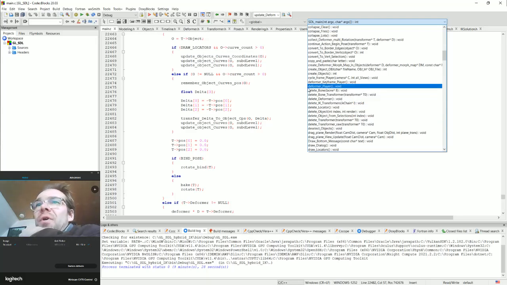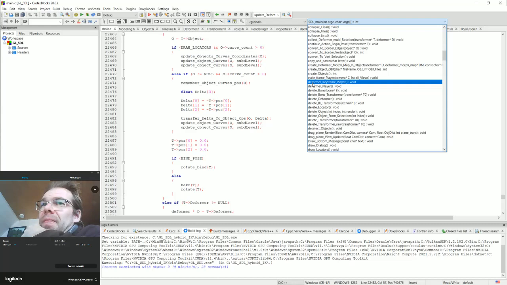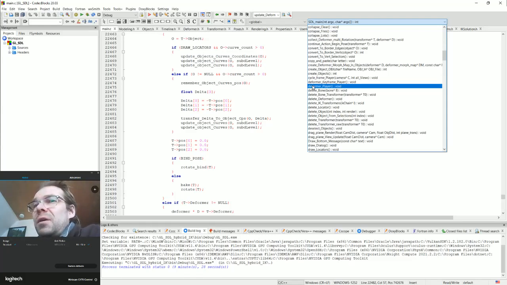I have two functions here for animation, deformer player and deformer keyframe player. And this deformer player is like a pose-to-pose animation for every 10 frames. This doesn't need the keyframes. And it assumes that you have some poses in your deformer.